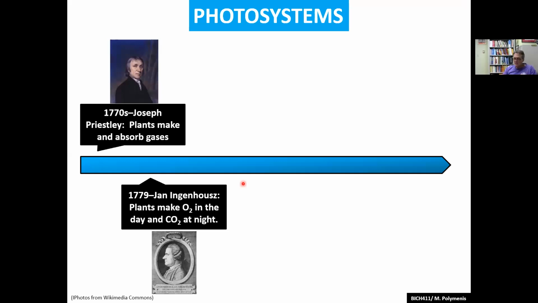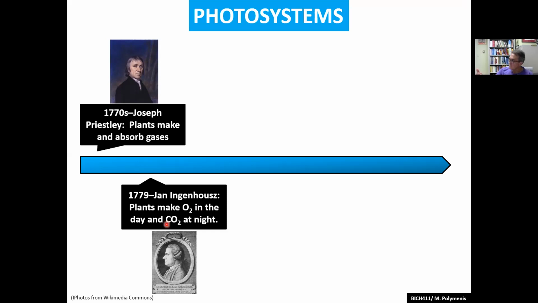So we have gas exchanges here, okay? We have absorption of CO2, we have generation of oxygen, and that became clear to Joseph Priestley, who actually saw that and proposed it in the late 1700s. And a few years later, Ingenhousz actually specifically said that plants make oxygen in the day, and they also make CO2 at night.